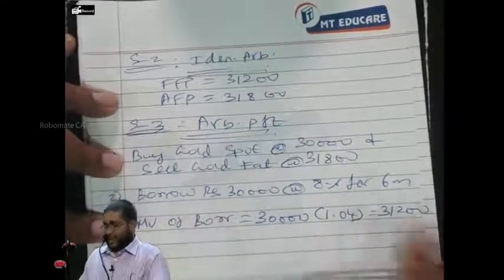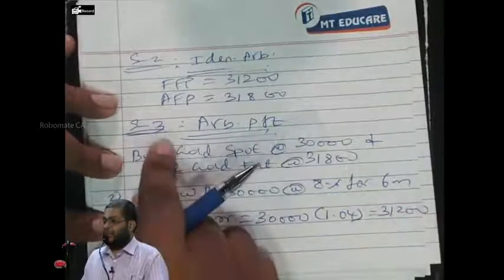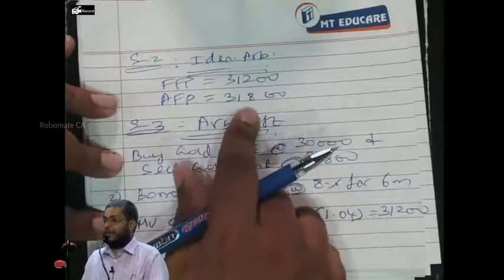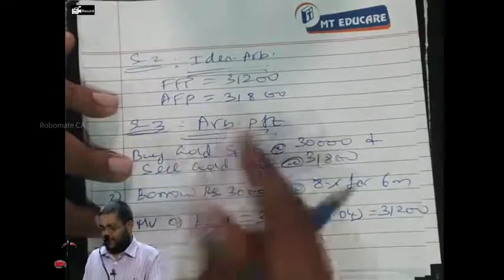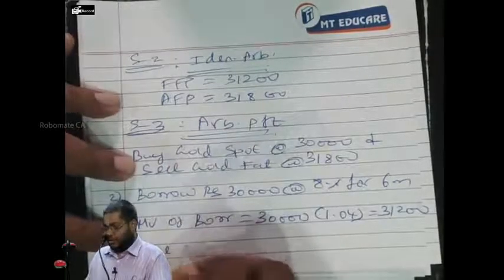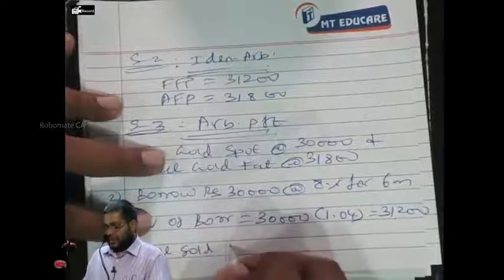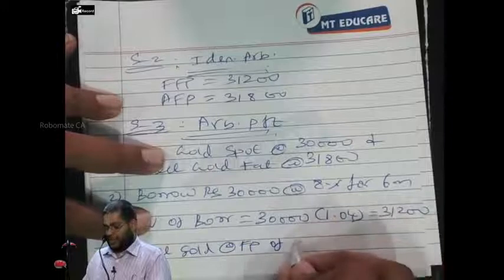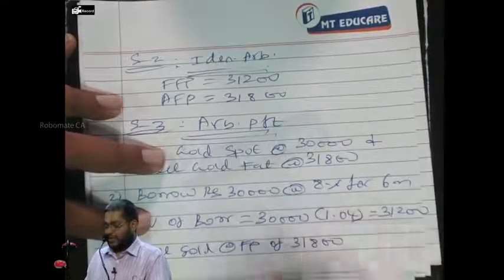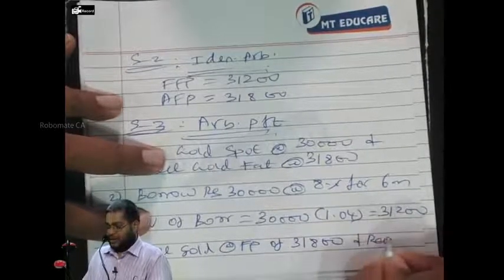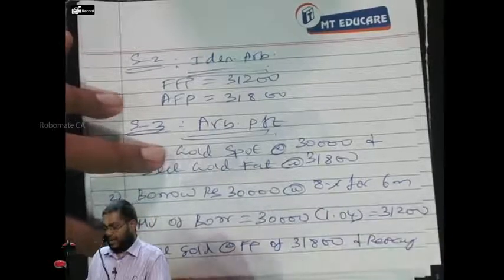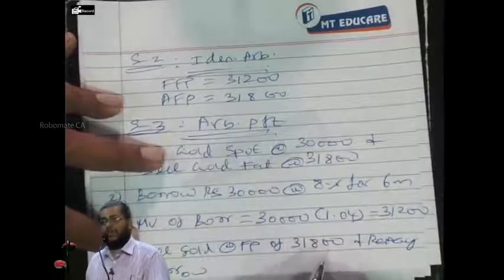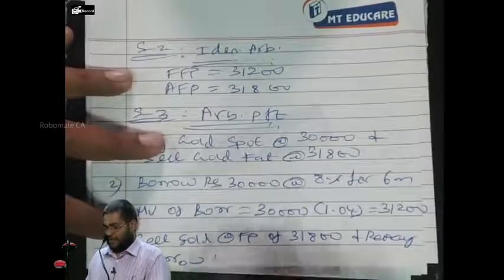Next. How to repay borrowing? By selling gold. I have to repay borrowing by selling gold. I sell gold at the agreed price of 31,800. Write down: sell gold at futures price of 31,800 and repay borrowing.